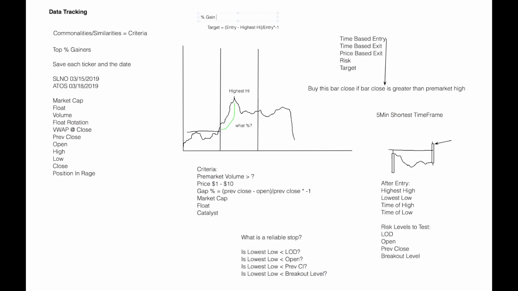Percent gain is equal to start point minus end point, divided by start point, times -1. That will always give you your correct percent gain, whether it's negative or positive.